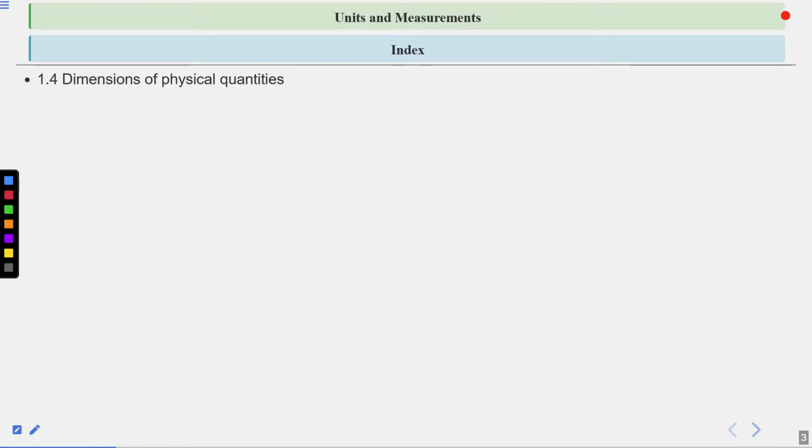So in today's lecture, we will cover first 1.4 dimensions of physical quantities, then 1.5 dimensions, formulae and dimensional equations. These two topics we will cover in today's lecture.